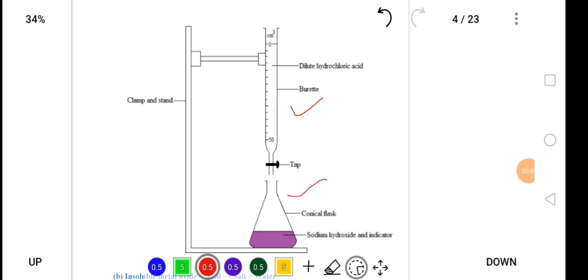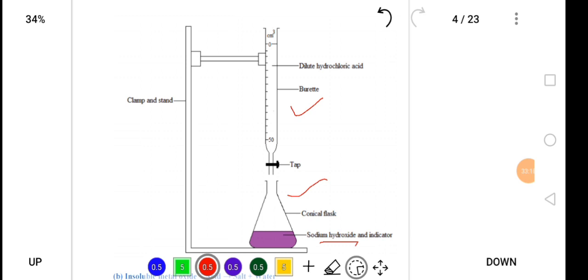The conical flask contains sodium hydroxide and the burette contains dilute hydrochloric acid. When you set your titration kit in this manner, then you can start your experiment so that you know the amount of acid that is going to react with 25 cubic centimeters of sodium hydroxide.